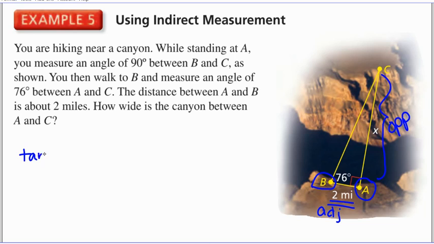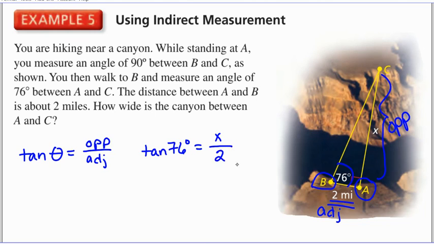So tangent of some angle theta is opposite over adjacent. We put our reference angle of 76 degrees in there, so that means that tangent of 76 degrees is going to be opposite over adjacent, x over 2, okay?